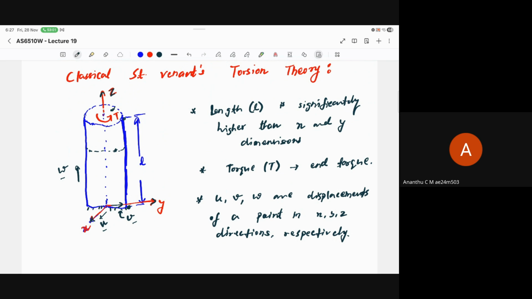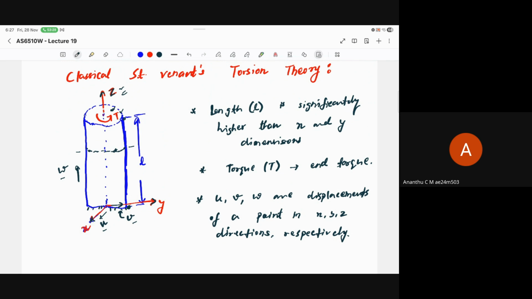Only in-plane displacement will be there. In this section, because of this torque, there will be only rotation of the section. The section is not going to have warping, and warping means out of plane displacement, which is displacement in the z direction. So that is not happening for a circular cross section.